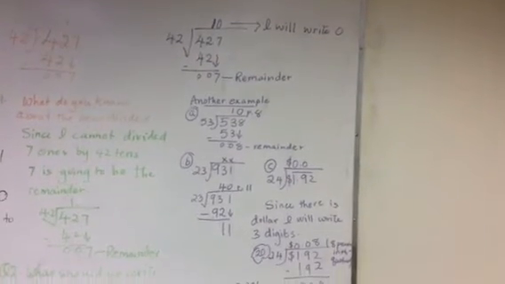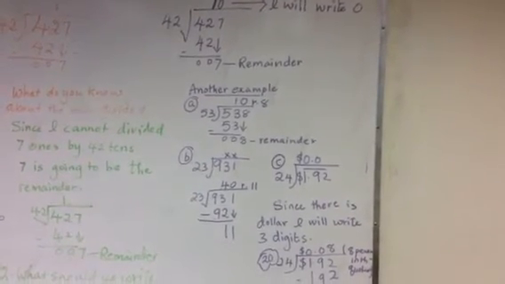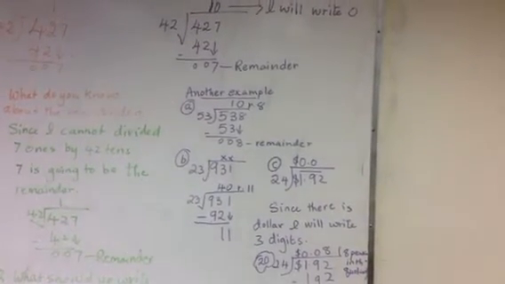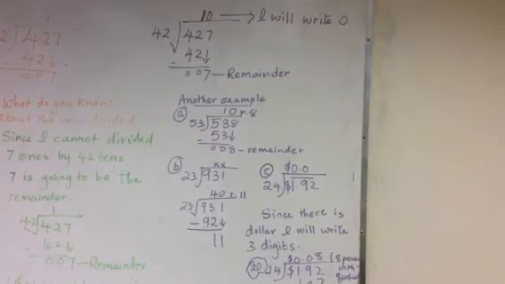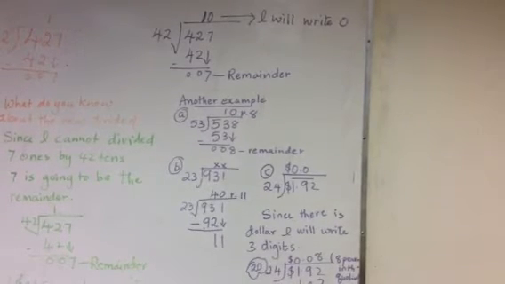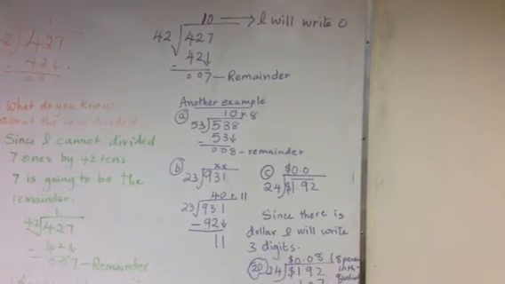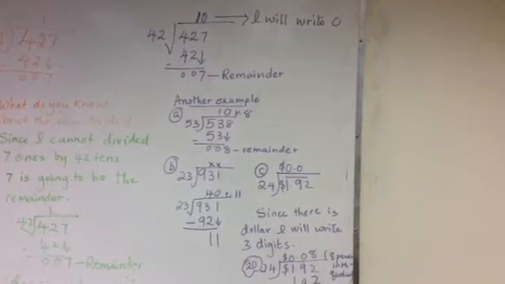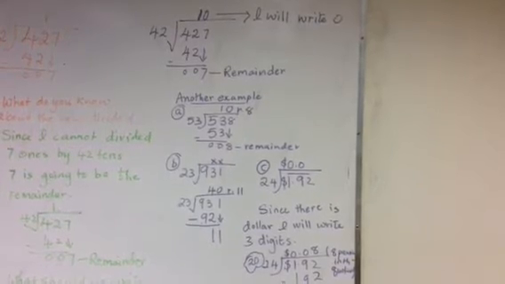Another example, 53 divided into 538. 53 will go in 53 one time. 53 minus 53 is 0. Bring down the 8. 53 goes into 8 is hard because it's a smaller number and 53 is a greater number. So you will put a 0 in ones place and the 8 will be the remainder.